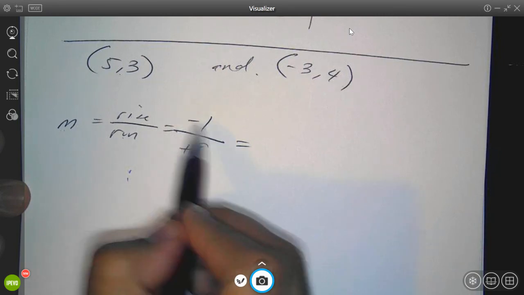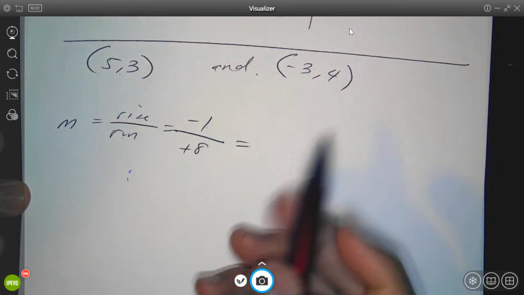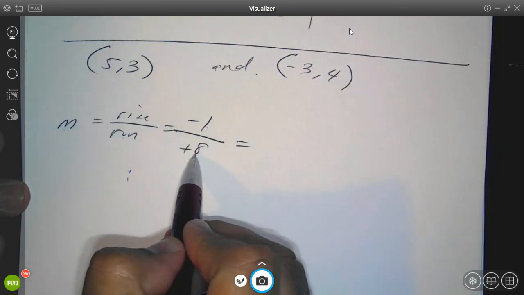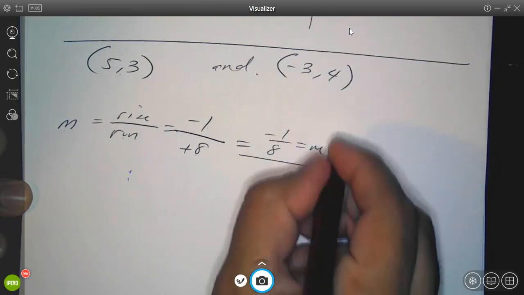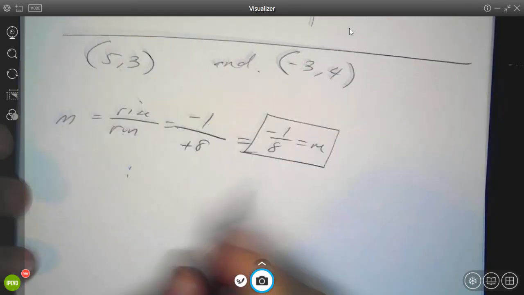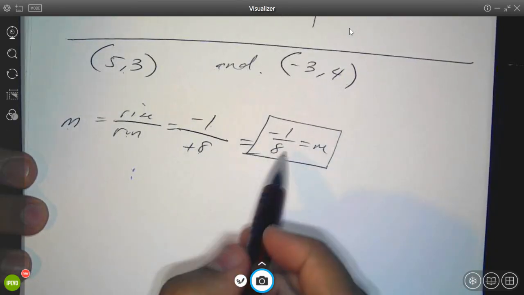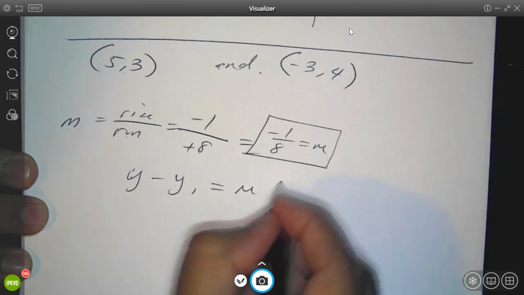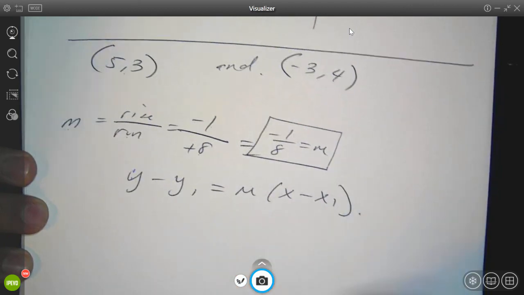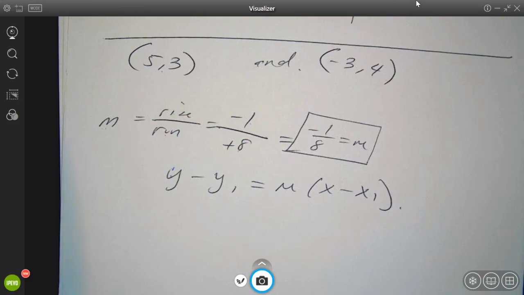My rise was down 1, so it's a -1. I went 8 units to the right, so my slope is a -1/8. So I have half the battle, right? So now, the question says, I want you to write this in point slope. Now let's do a little bit of detective work, right? We have 2 points.